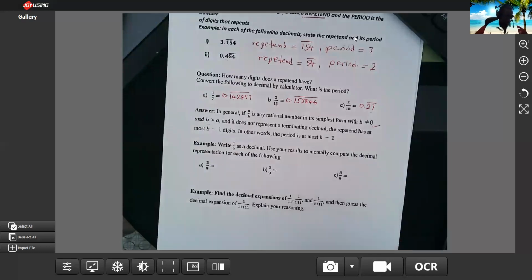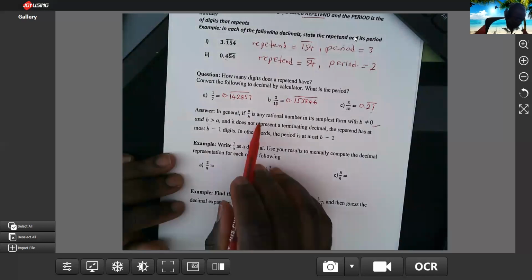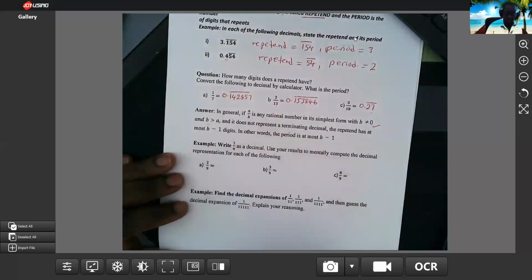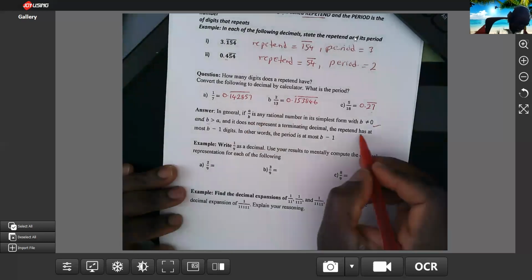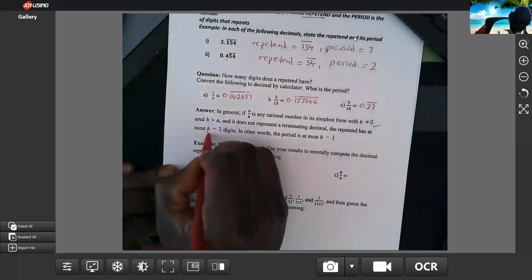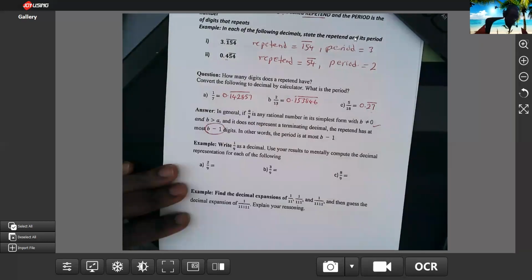How many digits will a repeating rational number have? The answer is that in general, when a over b is a rational number, b is not 0, b is greater than a, and it does not terminate, then the repeatant has at most b minus a digits.